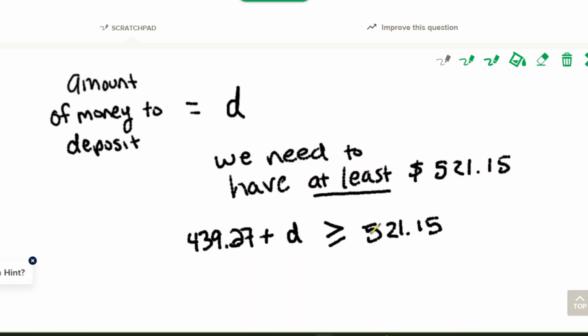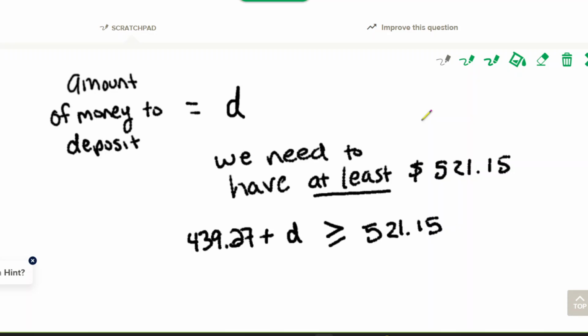And now we're solving this for D, right? They asked us, what's the minimum amount of money needed to deposit? I need to deposit at least this much for the check to clear. Now, I hope you can see that this would involve subtraction. I mentioned before, solving these linear inequalities is very similar to solving linear equations.